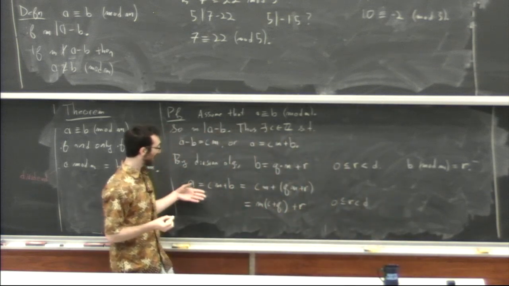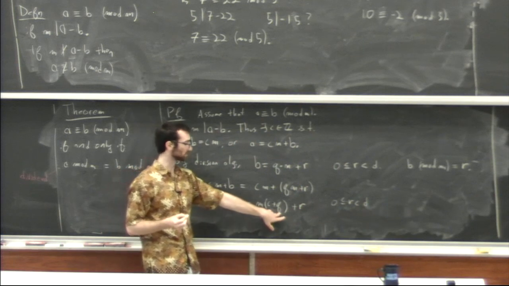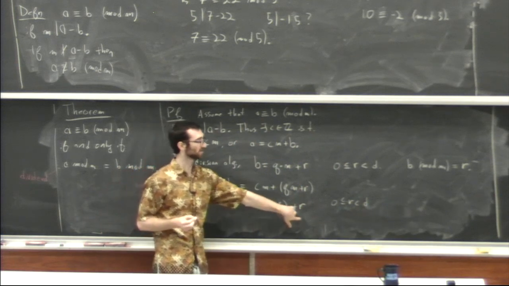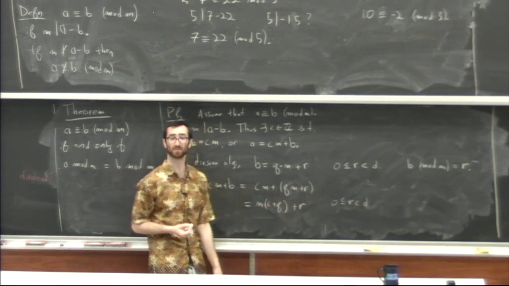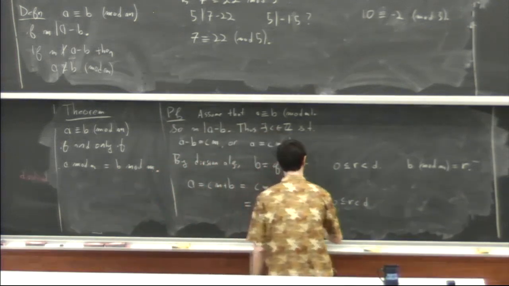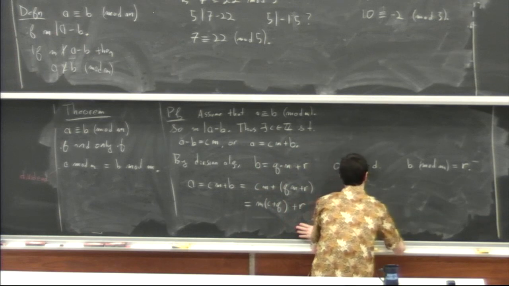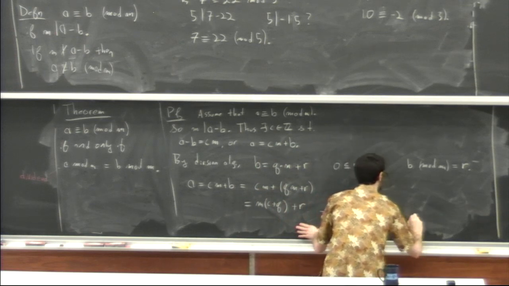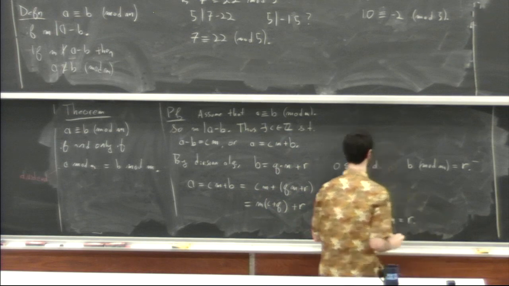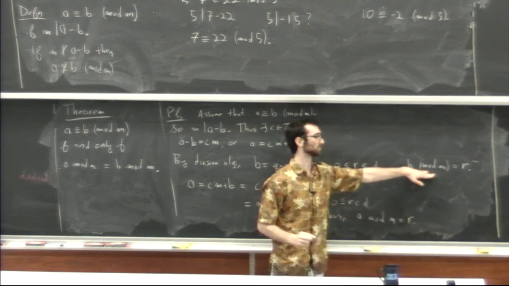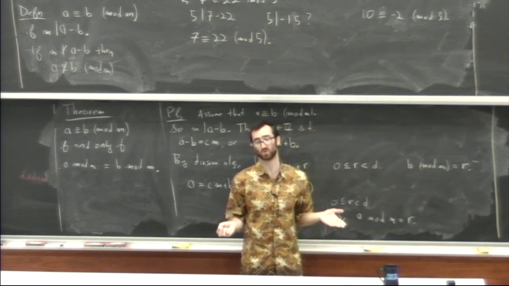So I've written A as being equal to some integer times M plus a remainder, which fits the bill of being a remainder. Thus, A mod M is equal to R. So A mod M is equal to B mod M, and we've finished one direction of the proof.